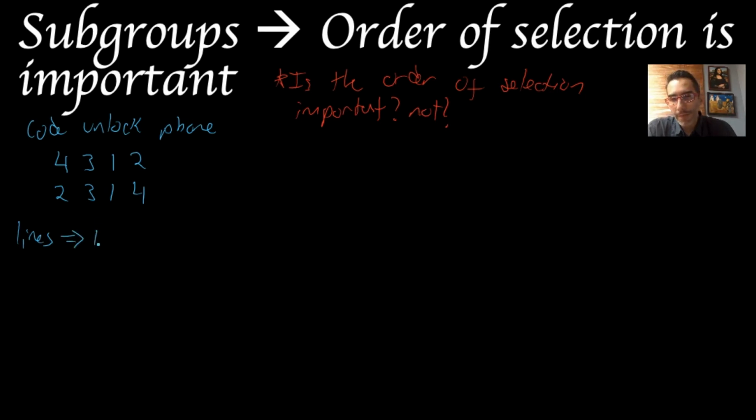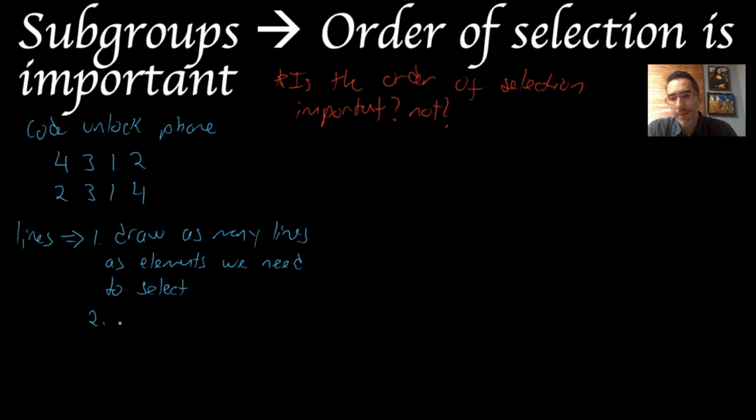First, what we would like to do is draw as many lines as elements we need to select. Draw as many lines as elements we need to select.